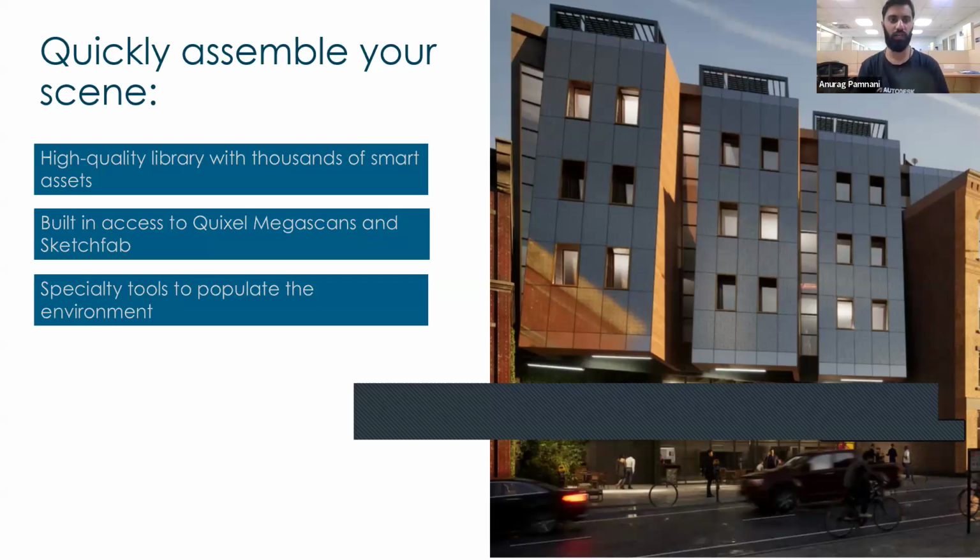There are two platforms that have been merged with the Twinmotion library. One is Megascans, where you will find vast libraries in 3D formats. Sketchfab is the second, where you can have integrated details of entire objects.